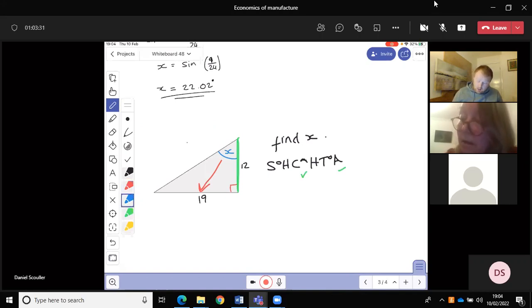That rules out cos this time because we've not got the hypotenuse. It rules out sine again because we've not got the hypotenuse. So we're going to be using the tan rule. We say tan x equals opposite over the adjacent.